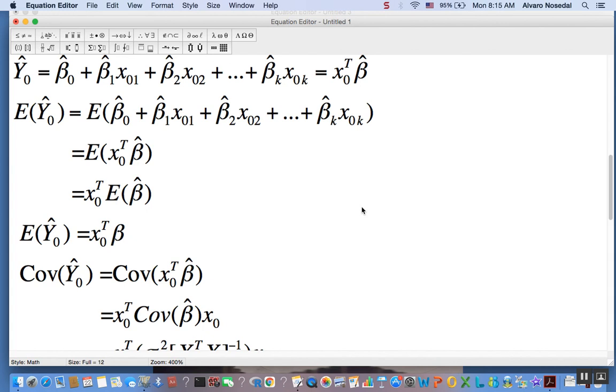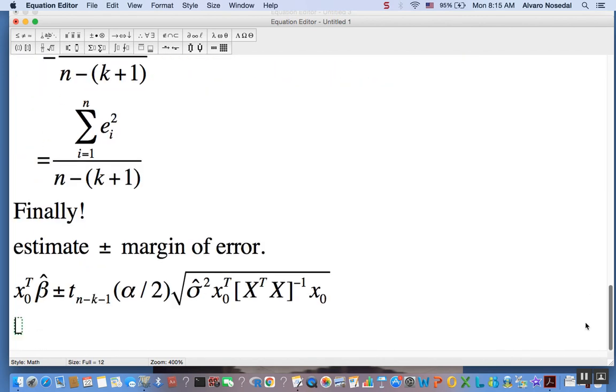We're going to have a chi-square there, and then it's by definition a t-distribution. That's similar to what we did in the simple linear regression case. That's why we had that t-distribution, that pivotal quantity, and then we just solved for this.